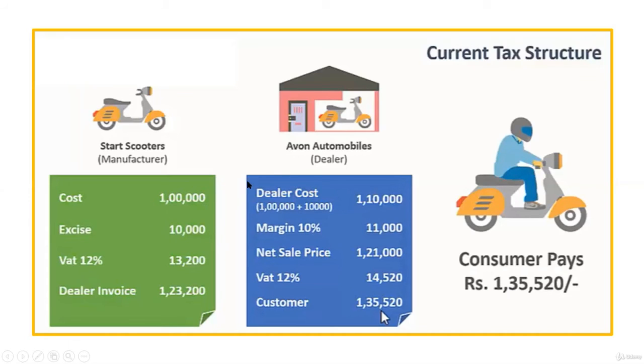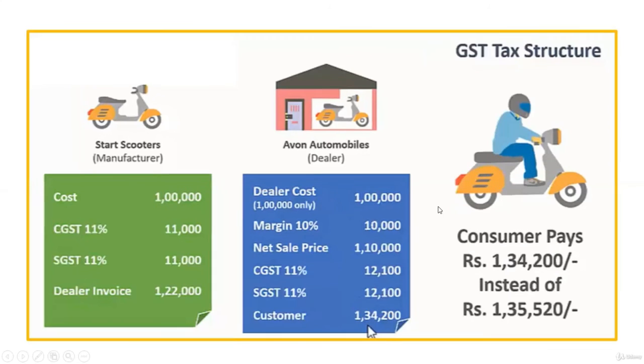The dealer cost to Avon Automobiles comes to 1,10,000, and then they add a profit margin of 10%, that comes to 11,000. On the net sale price, they add VAT at 12%, and the customer has to pay 1,35,520.